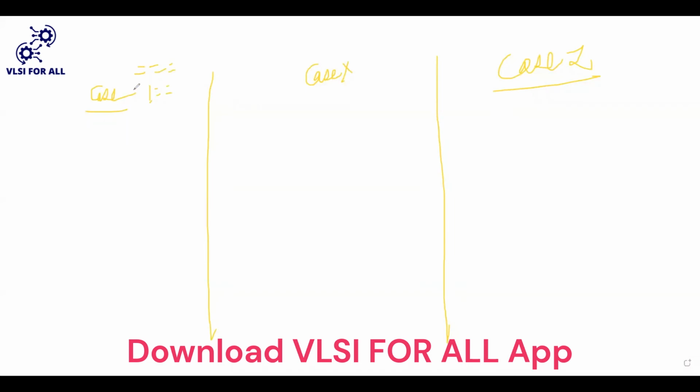Suppose inside the case, you have given a variable, and you want that variable to be assigned. Suppose there is a variable A, and when the value of A is 1 only, it needs to continue. Then obviously it will search for the 1, and it will execute whatever commands are beside the 1.